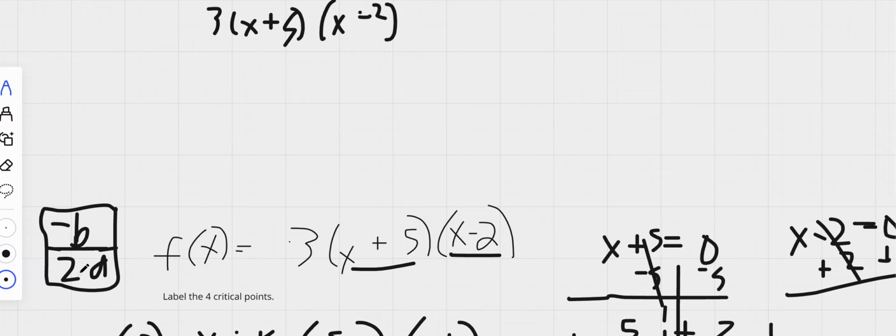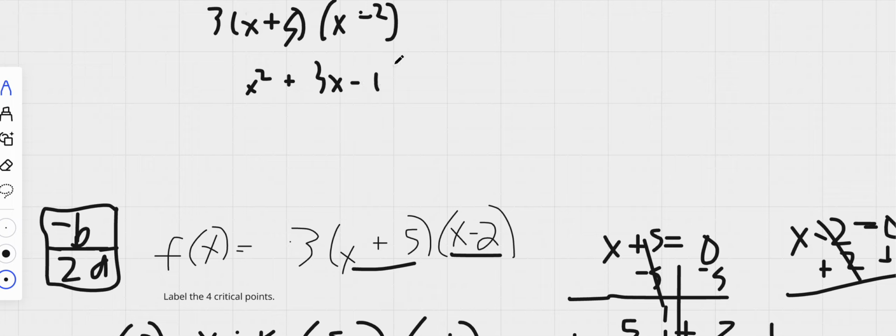Okay, so we're going to do x squared, we're going to do FOIL, plus 3x. Because it's going to be x squared minus 2x plus 5x, which is plus 3x, and then minus 10. Then multiply all these by 3. So you have 3x squared, 3x times 3 is 9x, minus 30.